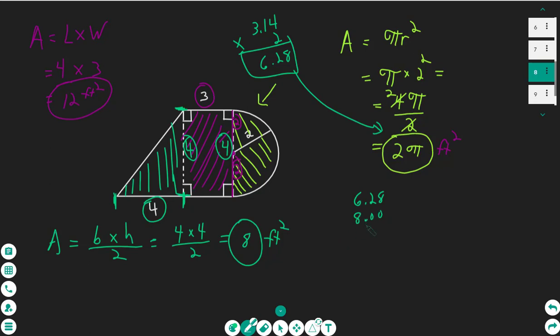Remember, we need to line up our decimals here. 8 plus our 12, put that on top just to keep organized. And we add all that together. We're going to end up with 8, 2, decimal point. Let's see, 14 and 2 is 16 and 26. So we have 26.28 feet squared. That is the area for this whole shape.